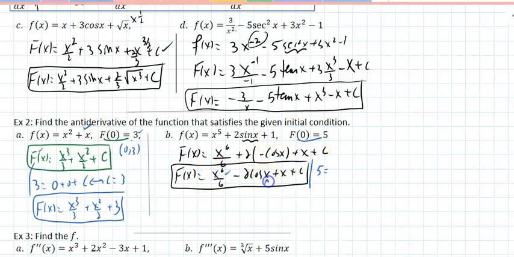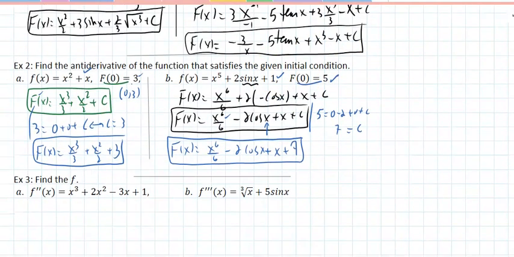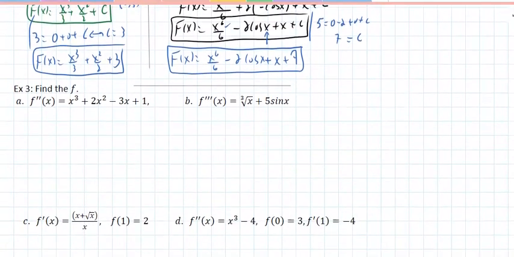If I put a 0 there, cosine of 0 is 1. That's 0 minus 2 plus 0 plus c. So c would be 7. So F of x would be x to the 6 over 6 minus twice the cosine of x plus 7. That would be a function that satisfies the derivative right there and F of 0 equals 5, the initial condition. Couple more to go.